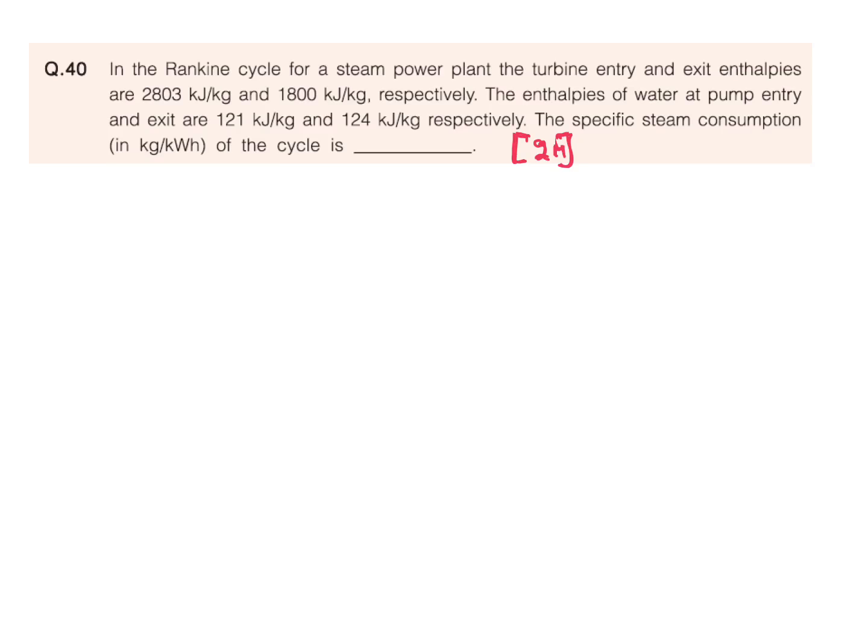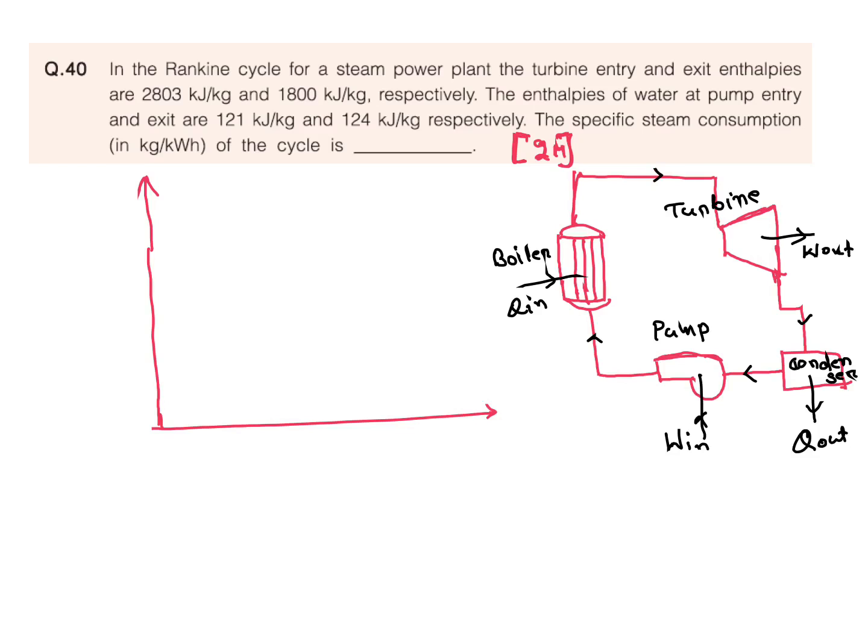Rankine cycle. This is the basic diagram for the Rankine cycle: boiler, then turbine, then condenser, then pump. From the pump it's 1 to 2, 2 to 3 in the boiler, 3 to 4 expansion in the turbine, 4 to 1 heat is going out.